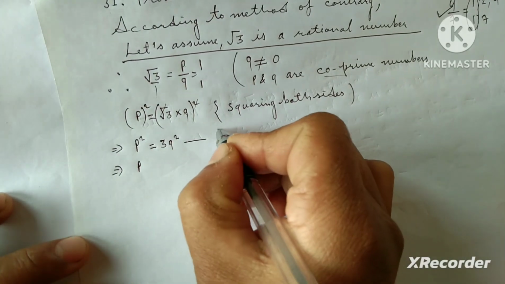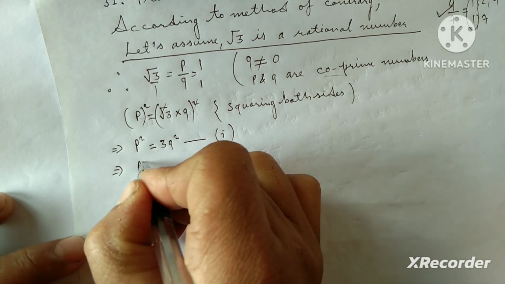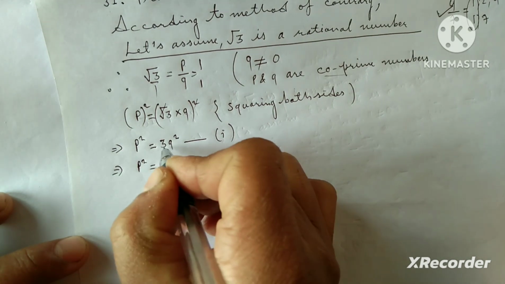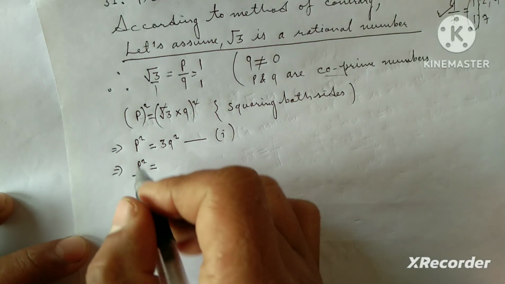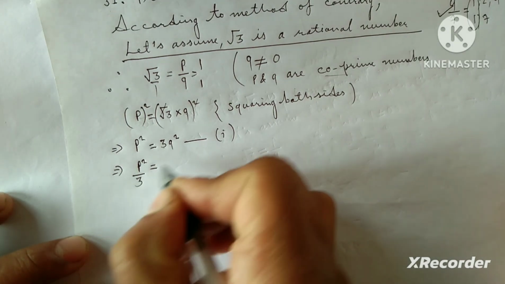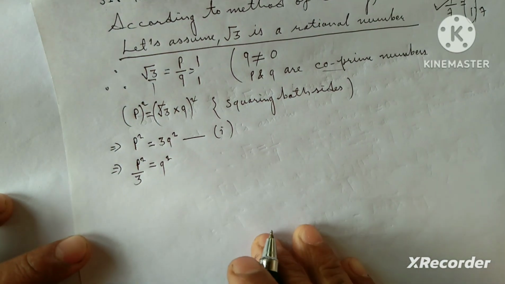Okay, this is equation 1, right? And again we can write p square, and this 3 comes to this side, p square by 3 equals q square.